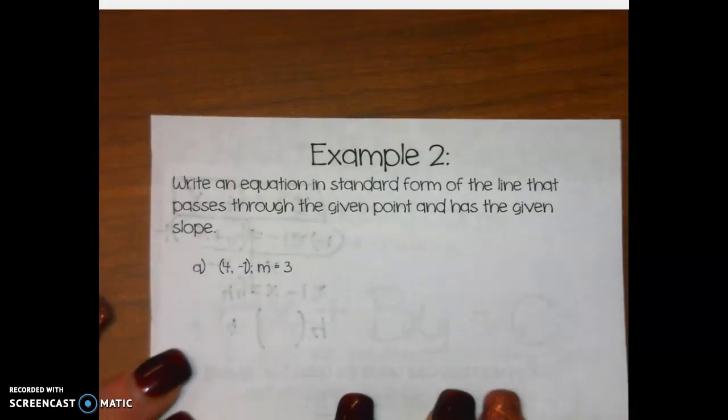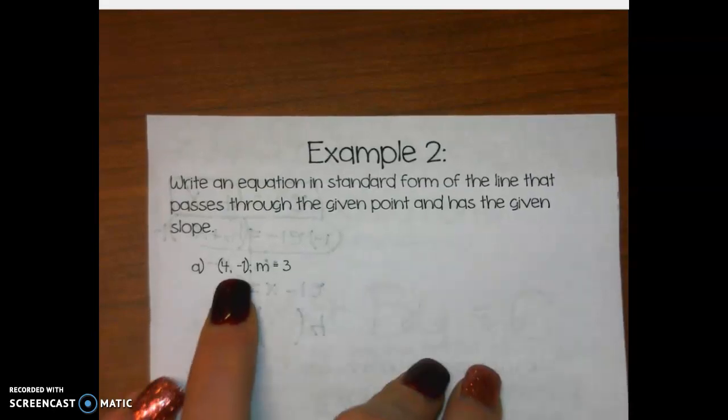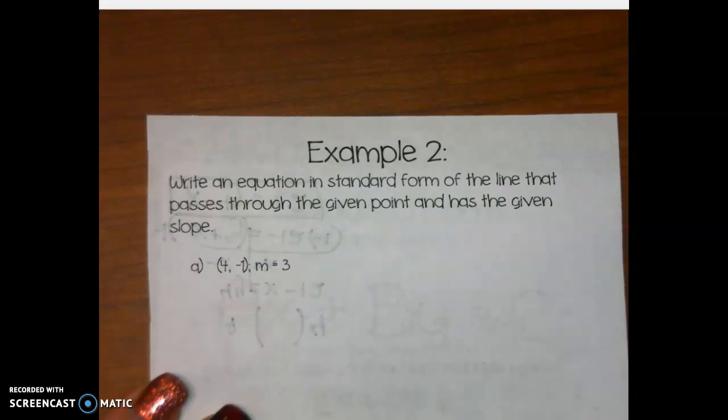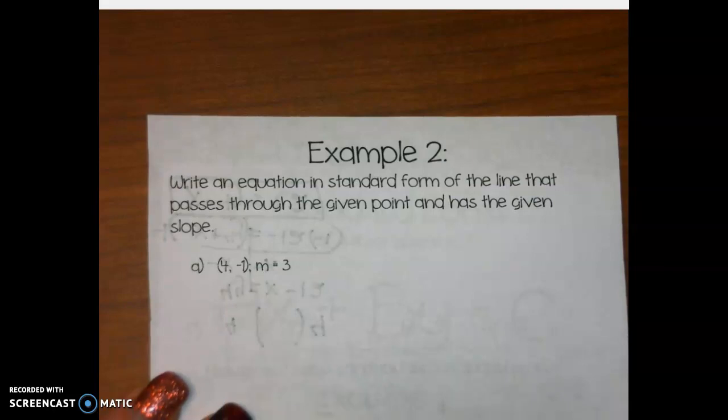Now, for example 2, I give you a point and the slope. So you've got a point 4, negative 1, and the slope is 3. So what do you do with that? Let me show you.